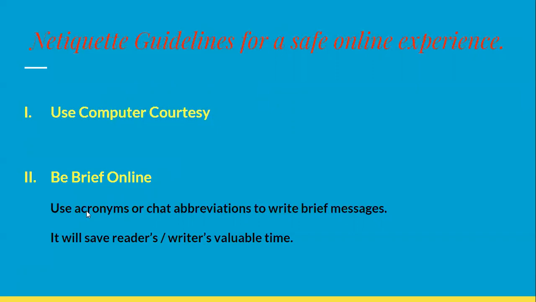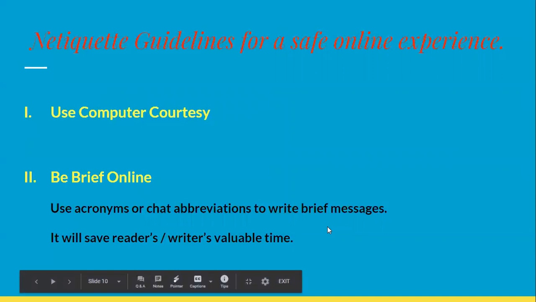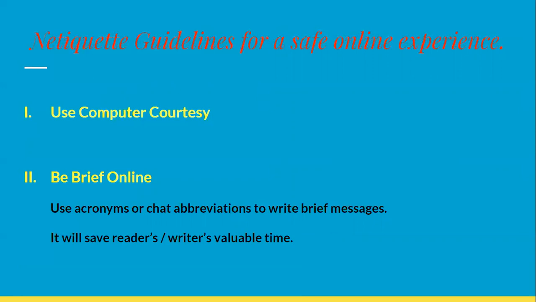To make the message brief, we can use acronyms and abbreviations so that our message is short. There are some acronyms which we should learn and use, and when the message is brief, the reader will always appreciate it because it is to the point.